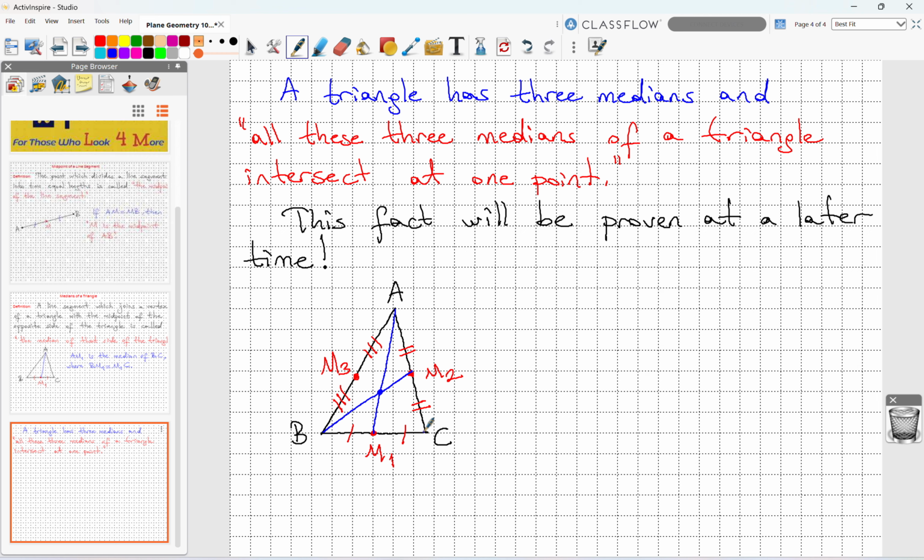So, for example, when I draw the third median CM3, it will not pass through some different points, but it must pass exactly through this point. So I'm only drawing it like that at this time, but we will prove it later.